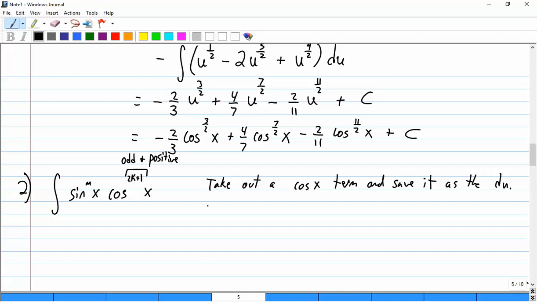And we're going to convert the remaining cosine terms to sine terms.